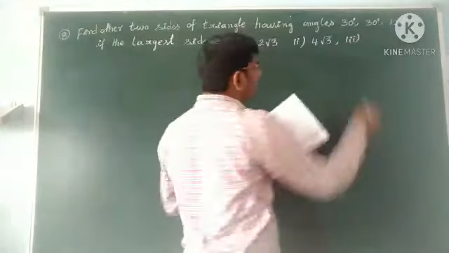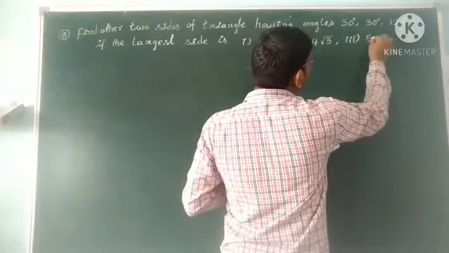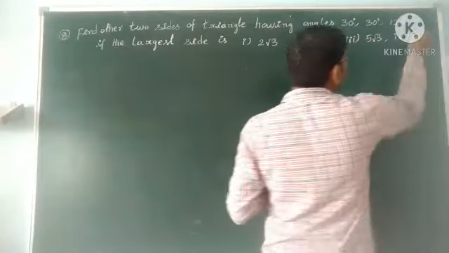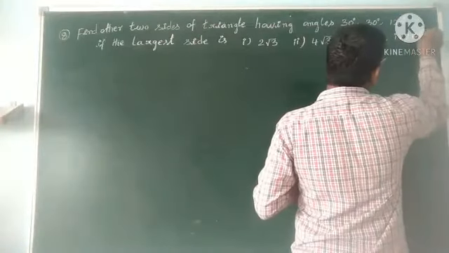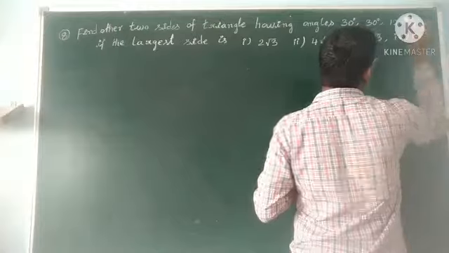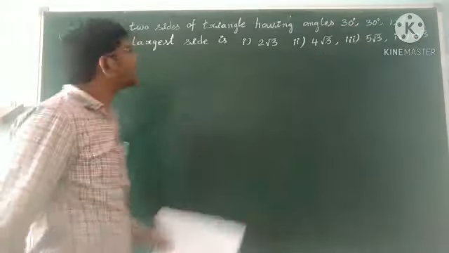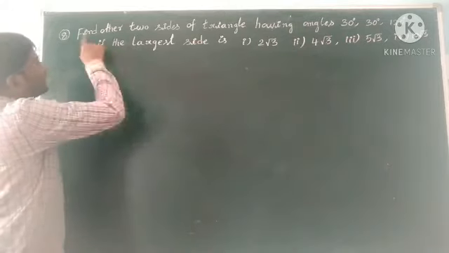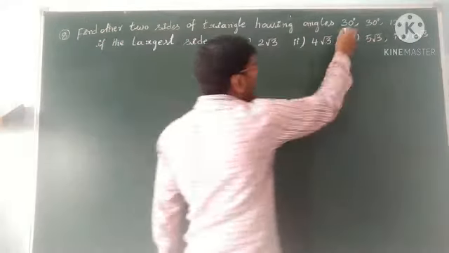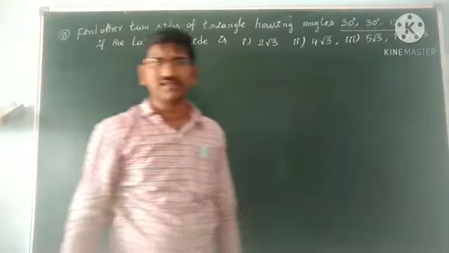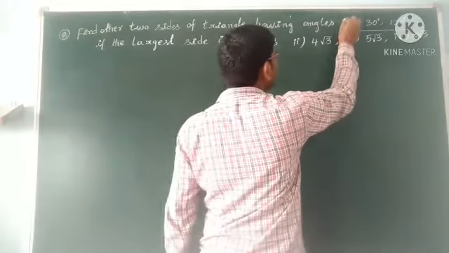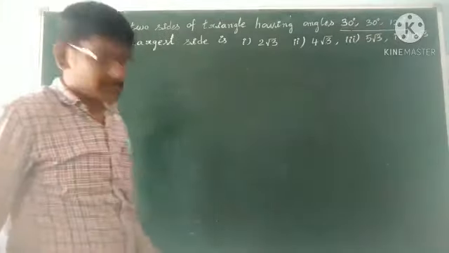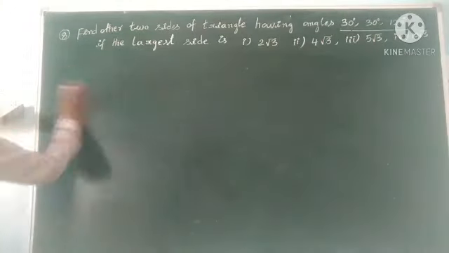Third problem 5 root 3, and fourth problem 10 root 3. This is the data. Okay students, find the other two sides of a triangle having angles 30, 30, 120 degrees. So now I am going for the solution.